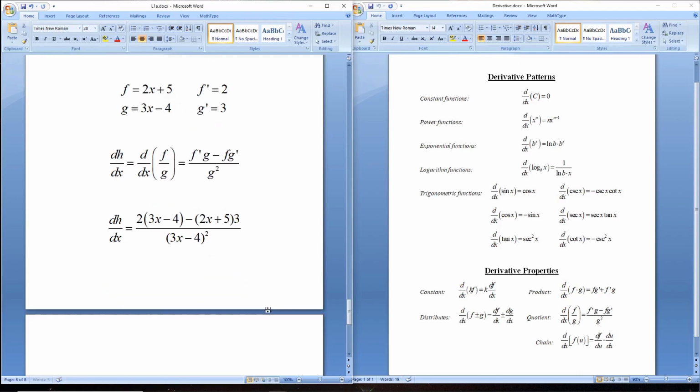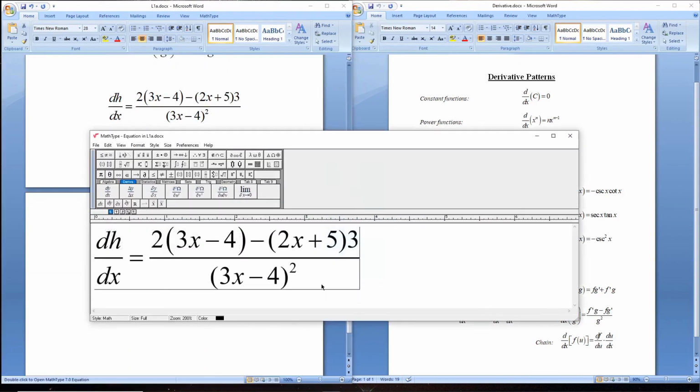And then we'll clean that up. So if we look in the numerator, we would have 6x minus 8 minus 6x, because remember there's a minus and a 3 over here. So it's minus 3 times 2x, which gets us minus 6x, and minus 3 times 5 to get us minus 15.